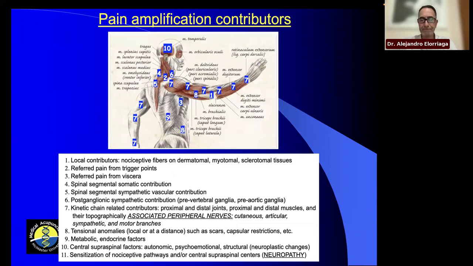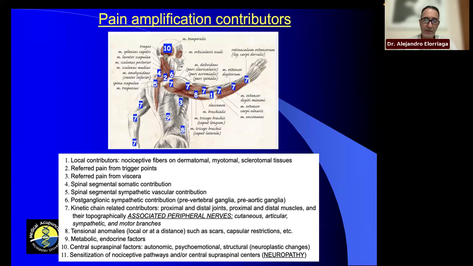And as part of the mapping of the adaptations and whatever else is going on, you also need to understand all the factors that are going to influence the signals that eventually the brain is going to use to generate the pain experience.